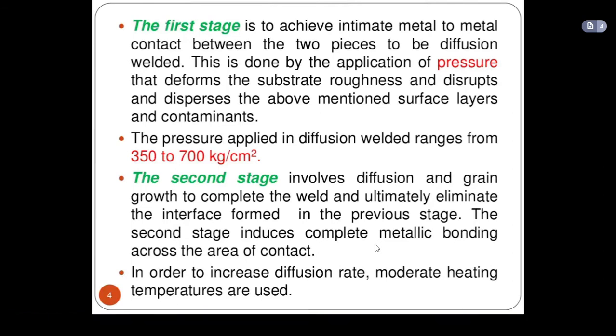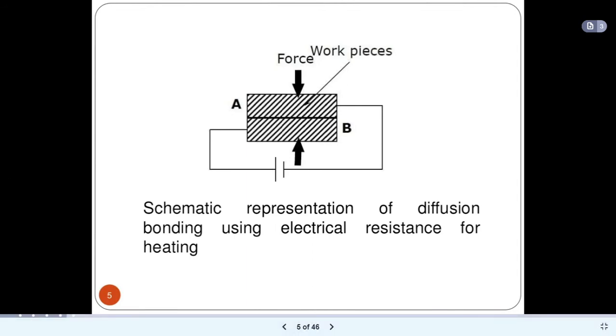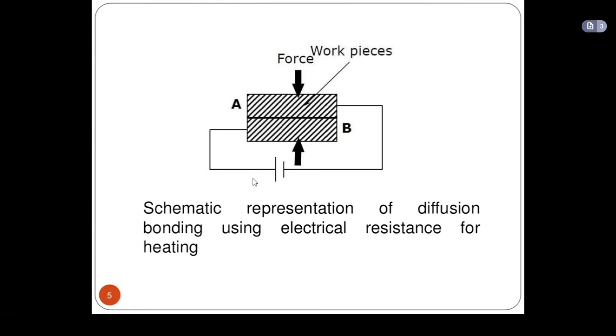So that's why we are applying high pressure and temperature in diffusion welding. See here, this is a schematic diagram where the two workpieces, A and B, are clamped together by the fixture and force is applied on it. And here this shows that we are using electric resistance for heating purposes. As we know, if resistance is present, then heat is produced.